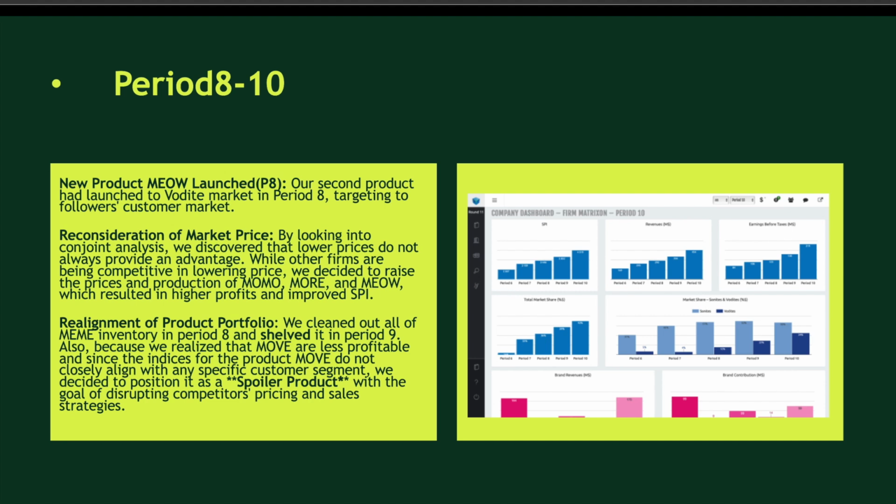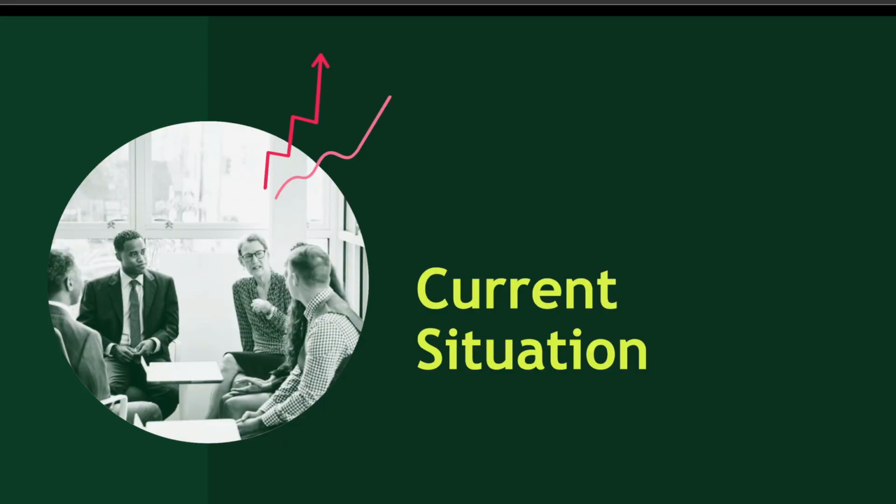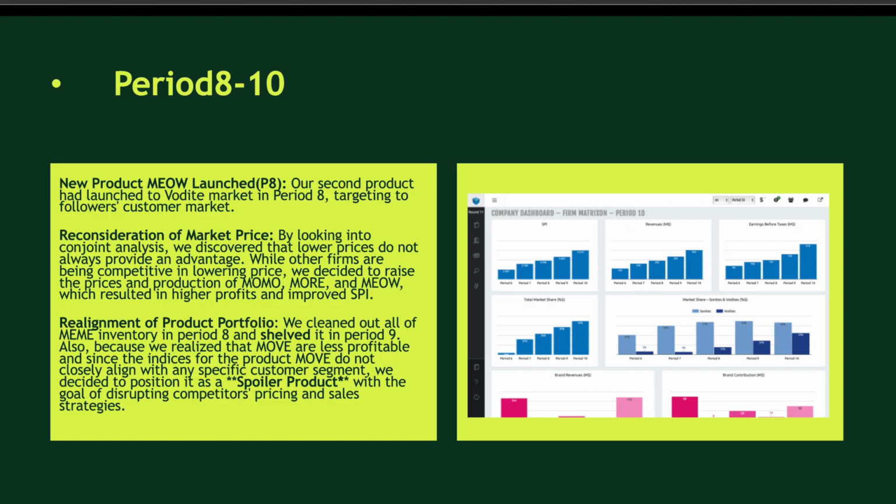However, by constantly aligning with the Followers' ideal values while controlling production costs, we successfully achieved an average 54% brand awareness and 34.3% market share by period 10. Also, because of the repricings and the success of Mel in worldwide markets, we achieved the most revenue and SPI growth in a single phase in the 9th and 10th periods.